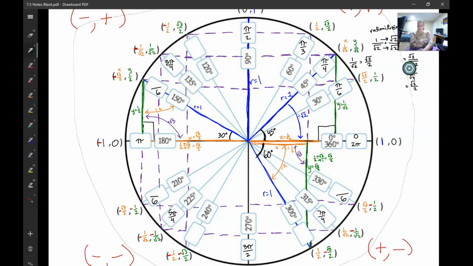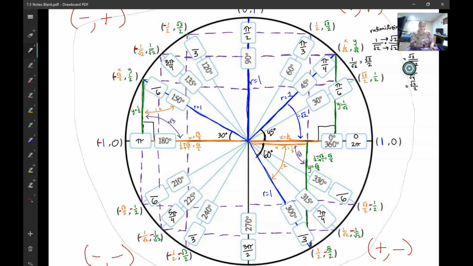I can do the same thing with thirds. Here's the reflection right there. So this one and this one are all going to have denominators of thirds because of that reflection rule. So I have all these denominators filled in. I just need to fill in the numerators, and then I'm done.